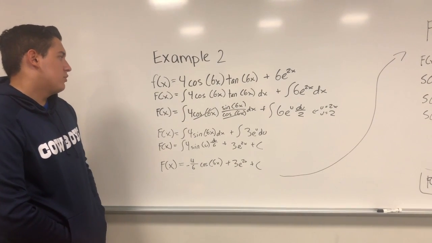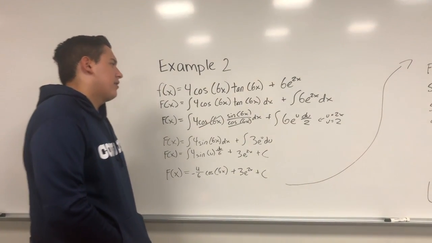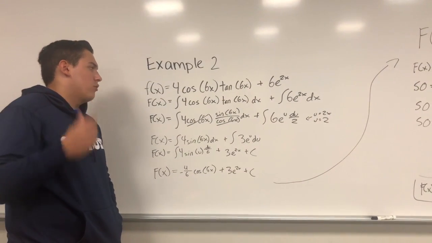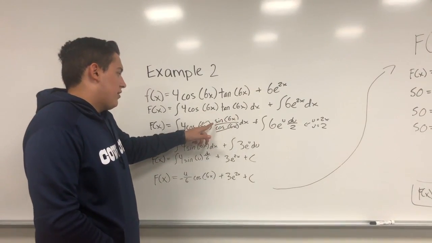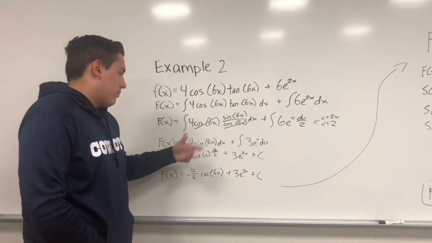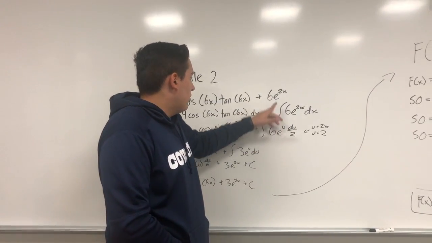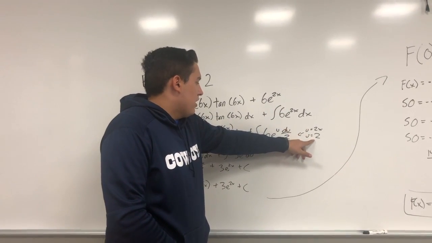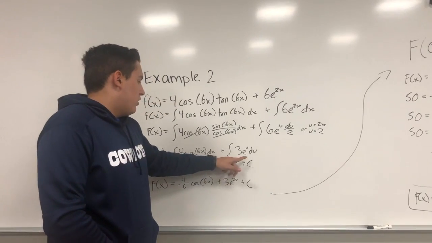Okay, so this is example 2, in which the function f of x equals 4 cos 6x tan 6x plus 6e to the 2x. So you have to integrate that, and an identity of tan is sine over cos, so you cancel that. And then you get sine plus, and in this part you do a separate integral. So you get that u equals 2x and u prime equals 2. So you can simplify 6 over 2 equals 3, and you get the u.